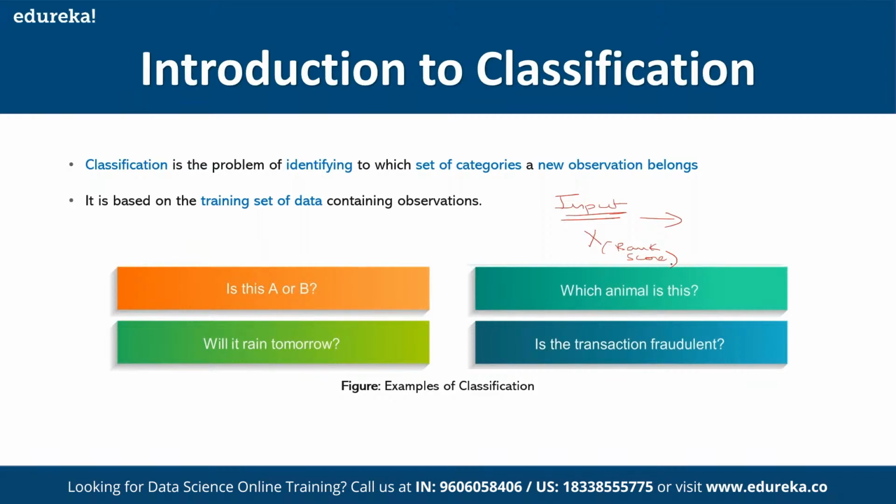You know there are CRISIL score, credit score, a lot of scores. Suppose you give that as an input to a machine learning model that has already been trained on historical data. It needs to predict whether you should give a loan to this person, yes or no. So based on this input, your machine learning model needs to predict yes or no.